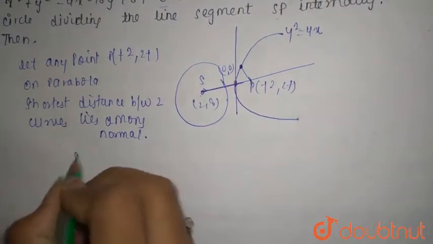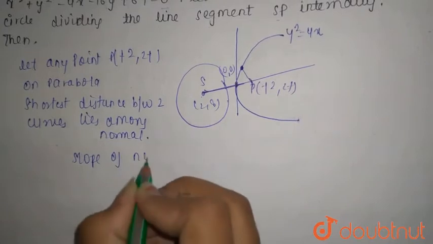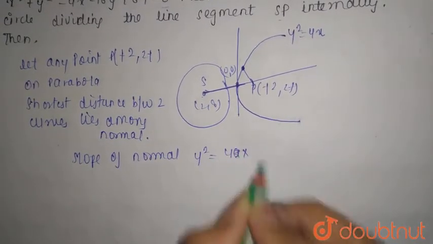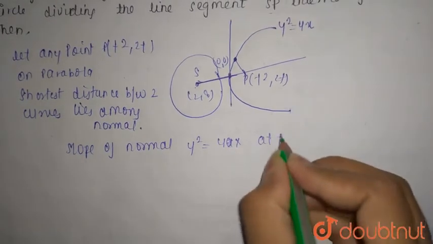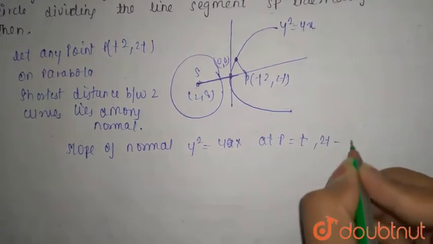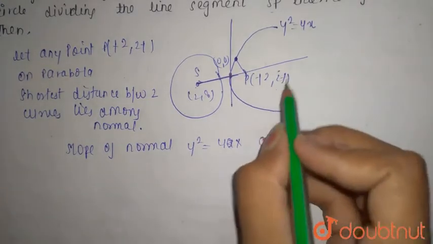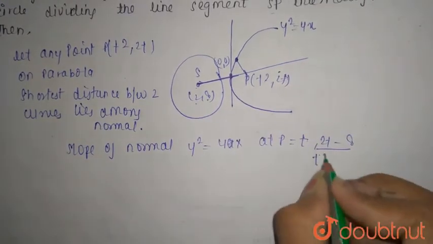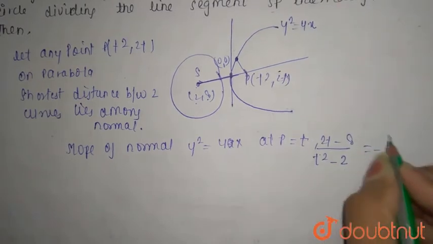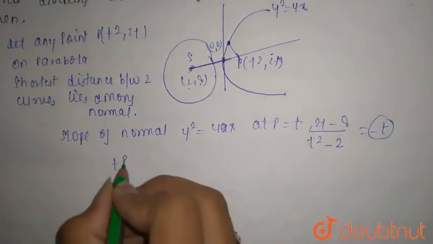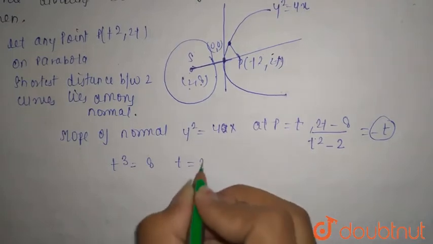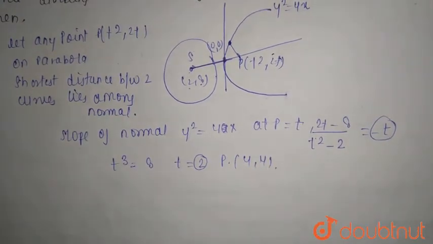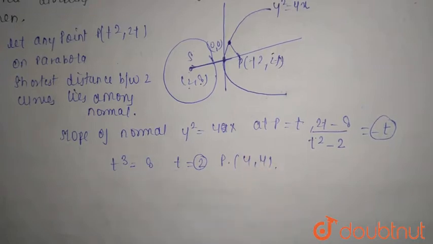So the slope of the normal to the parabola y squared equals 4x at P equals t, that is (2t minus 8) divided by (2t squared minus 2), that is t squared minus 2, equals minus t. So t cubed will be 8, and t is 2. That is, P will be (4, 4). So the point P will be (4, 4).